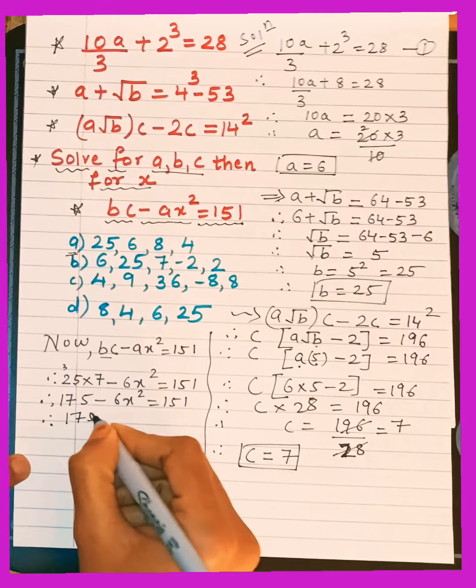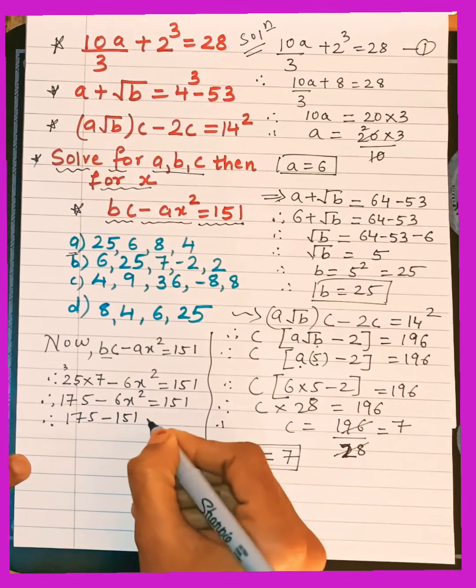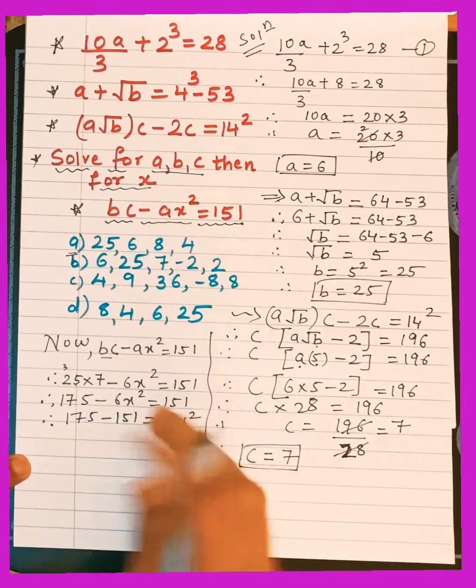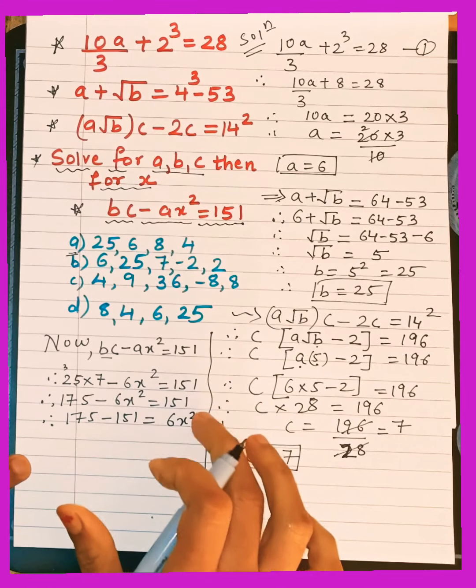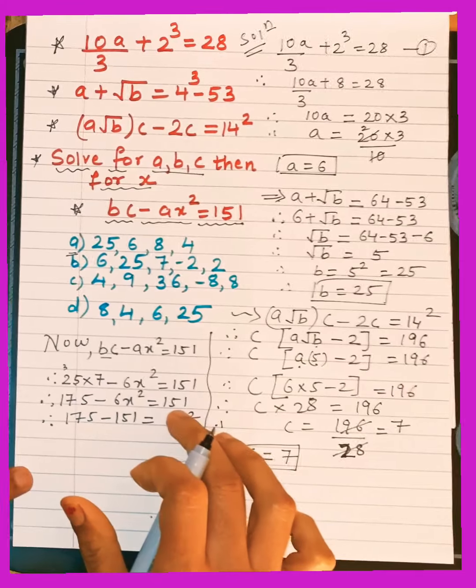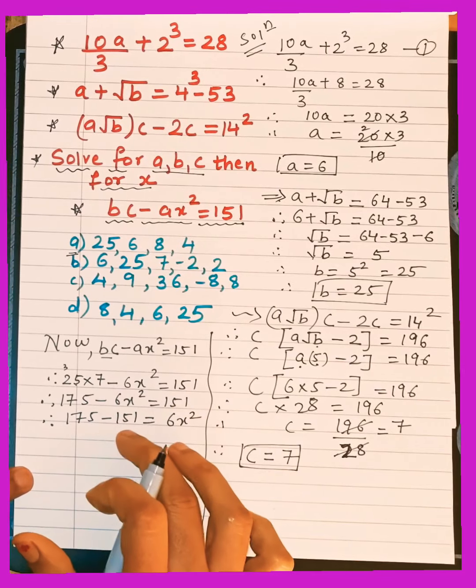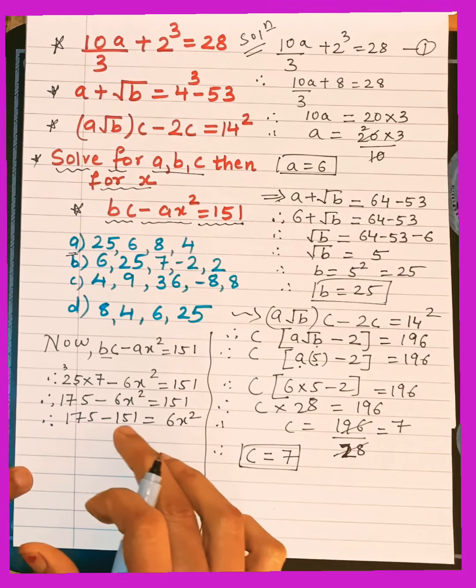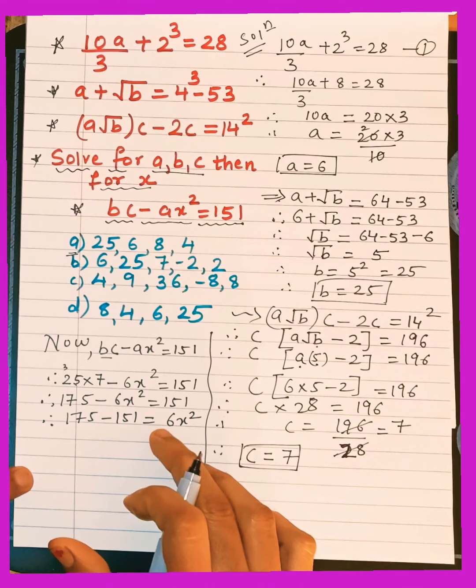So 175 minus 151 equal to 6x square. The negative 6x square shifted, so it became positive, and 175 was positive, so after shifting it became negative.